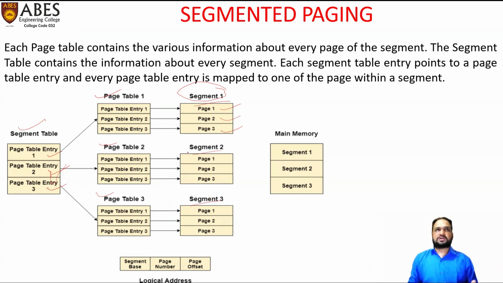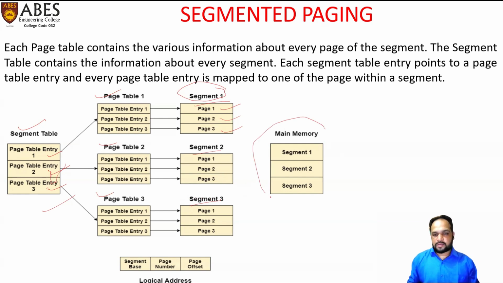It is not a new technique. It is a combination of segmentation and paging. So to avoid external fragmentation and internal fragmentation, and to accommodate more pages inside the segment tables, it would reduce the overhead and can accommodate many pages.